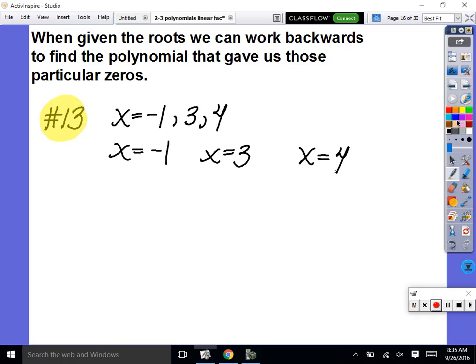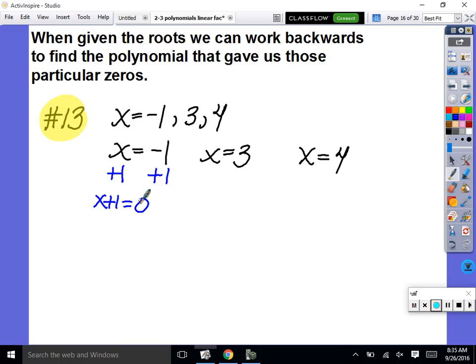So if that was our solutions, then what were our linear factors? Before they were set equal to this, they were set equal to 0, correct? So let's get this side equal to 0. Algebraically, how do we get this equal to 0? Add 1, add 1. So over here, we have x plus 1 equals 0. Does everybody understand that that must have been the linear factor if we got this as a solution?